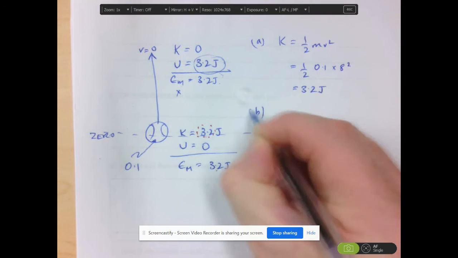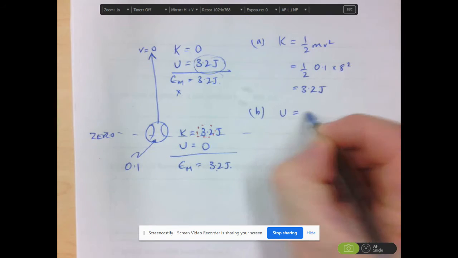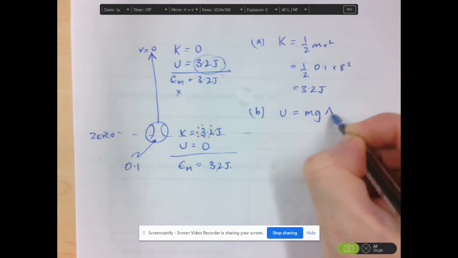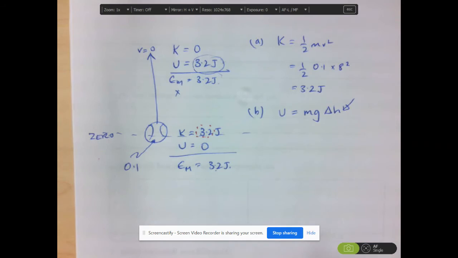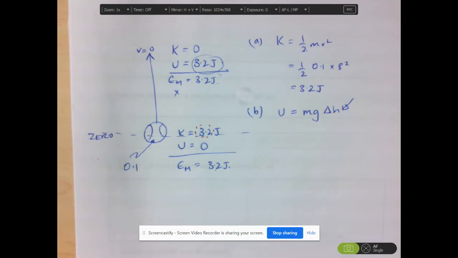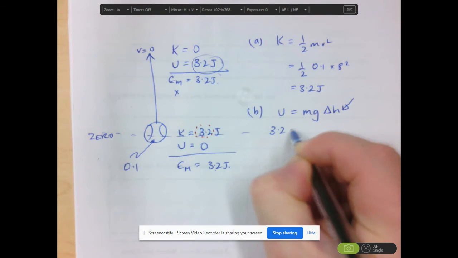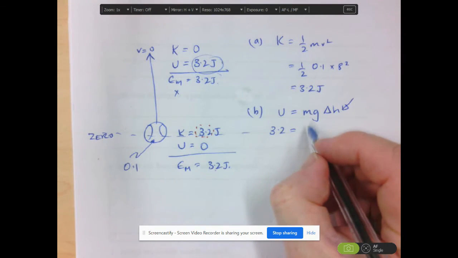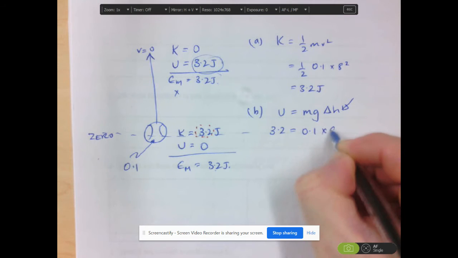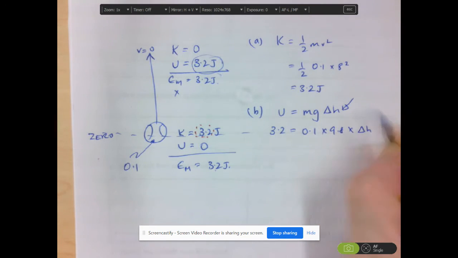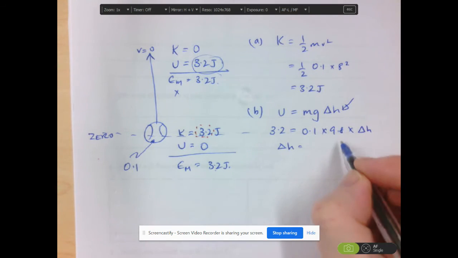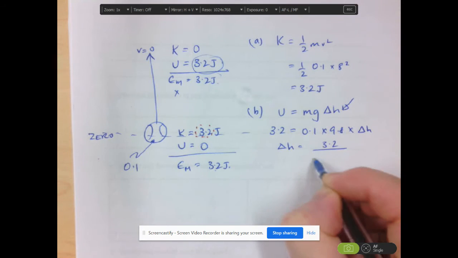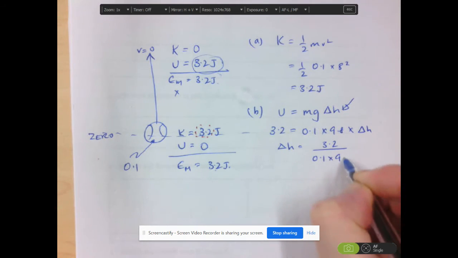So if I know that the potential energy at the top of the path is 3.2 joules, because we know that U equals mg delta H, I can use this to find delta H. So determine the height to which it rises. This means that 3.2 equals 0.1 times 9.8 times delta H. So delta H would equal 3.2 on 0.1 times 9.8.